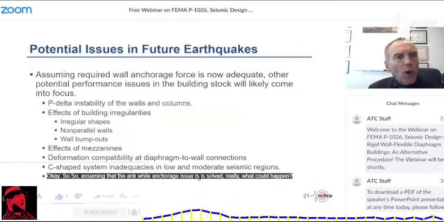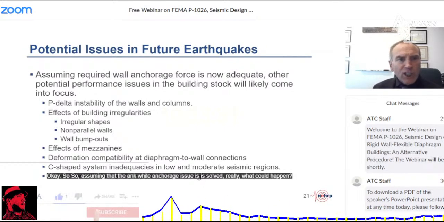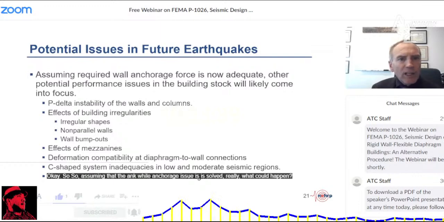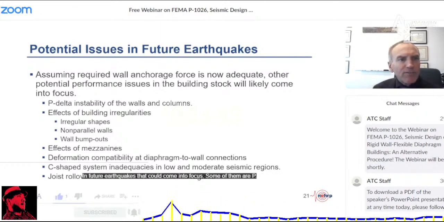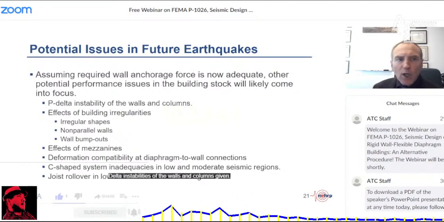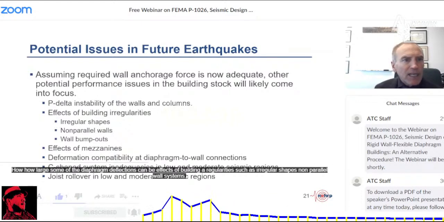Okay, so assuming that the wall anchorage issue is solved, really what could happen in future earthquakes that could come into focus? Some of them are P delta instabilities of the walls and columns, given how large some of the diaphragm deflections can be.